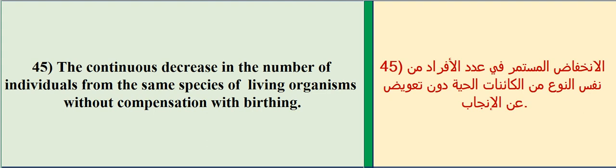The continuous decrease in the number of individuals from the same species of living organisms without compensation with birthing. 46. Hunting wild animals in a random unorganized way which exposes them to extinction.